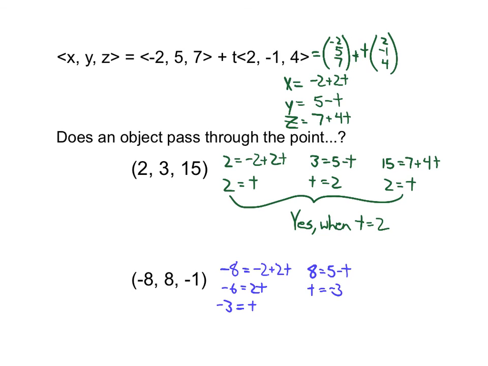So far, so good. So let's try the last one. Negative 1 equals 7 plus 4t. I subtract the 7 and I get negative 8 equals 4t. I divide by 4. I get t equals negative 2. So I don't actually hit that point because my z will not be right when my x and y are right. Okay? So no, because the times are different.